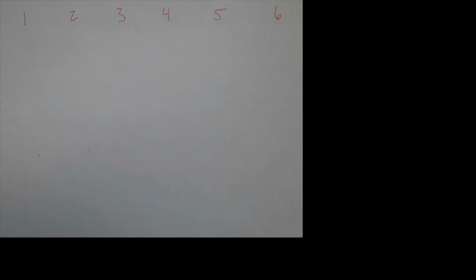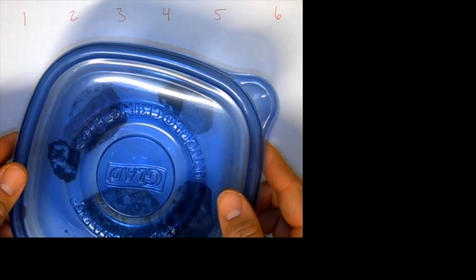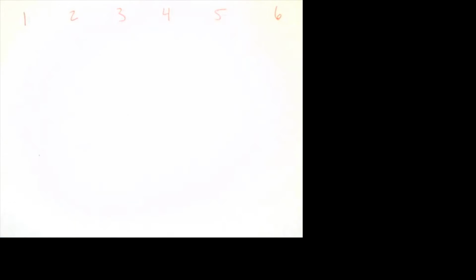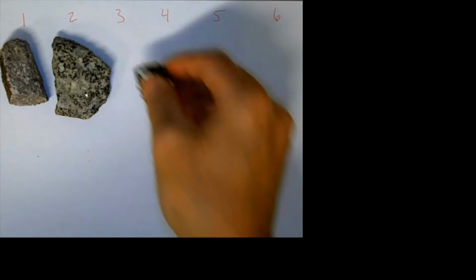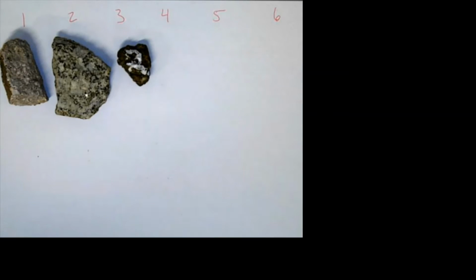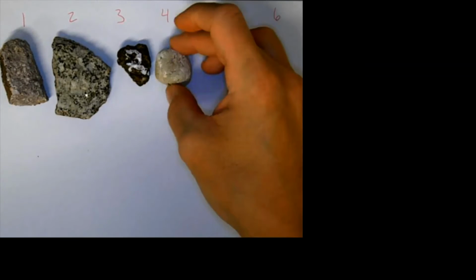Okay, when we take a look at rocks, if you were in class, we would have a container of igneous rocks, and you would get a container and do your best to attempt to identify them.